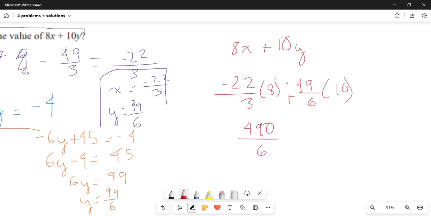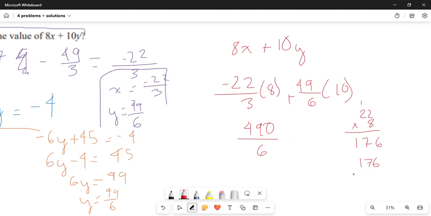And then, if we do 22 times 8, with long division, you just add the 1 here, and then that would just be 17. So that would be 176 minus 1, and then we need a common denominator.